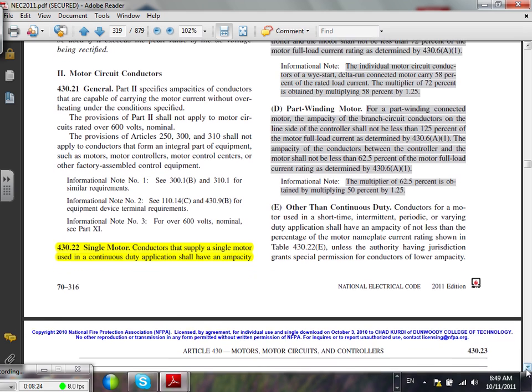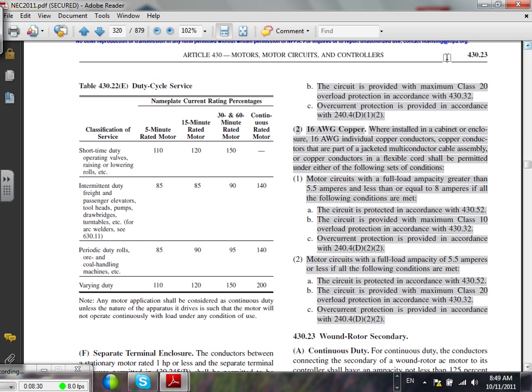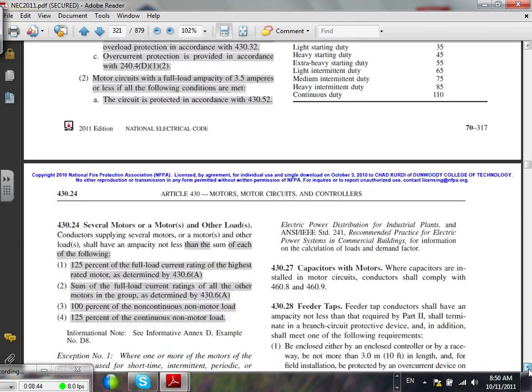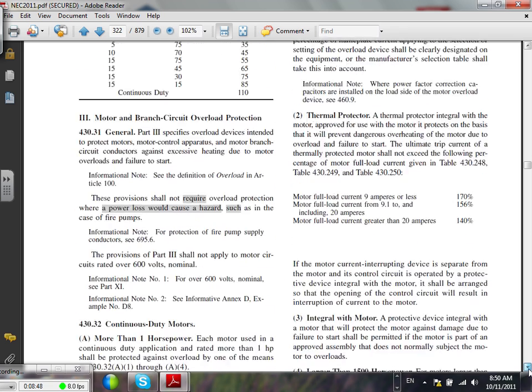The second thing I want you guys to go to is overcurrent protection devices. Let's talk about overload, 430.32. Let's go to the overload a little bit.